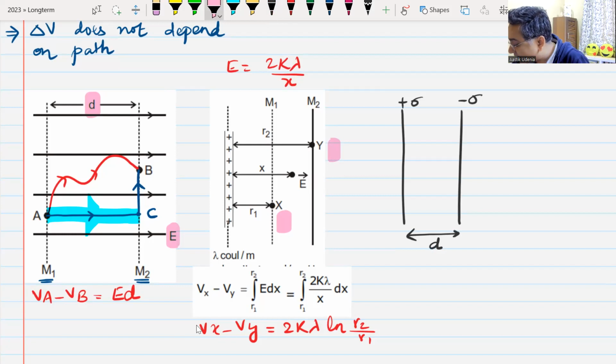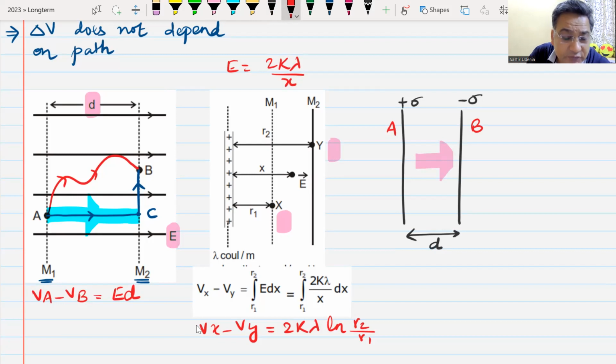We discussed that the electric field between the two plates will be in this direction. Yes or no? Yes, sir. So which plate or sheet will be at a higher potential, A or B? A, sir. A will be at higher potential. Do we understand this?